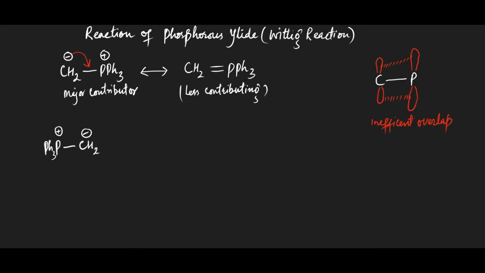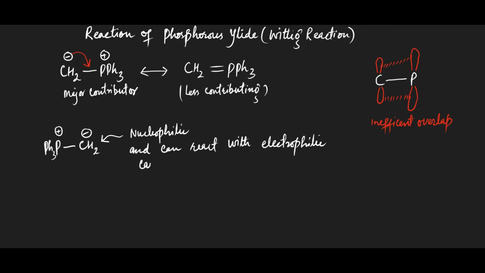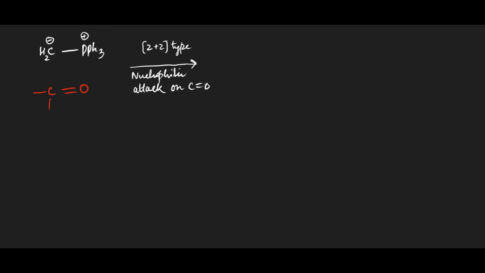It is a nucleophilic carbanion and can react with electrophilic carbonyl carbon. There is strong evidence that the first step involves a 2+2 cycloaddition process, with the nucleophilic carbon of the Wittig reagent attacking the electrophilic carbon of the carbonyl group, with concurrent formation of an O-P bond. The resulting four-membered ring intermediate is called an oxaphosphetane.